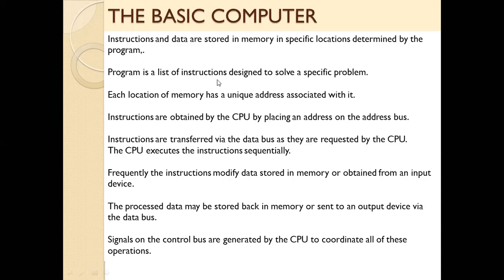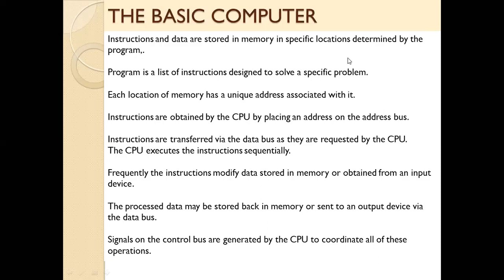Now you studied the role of the address bus, you studied the role of the data bus, but what is the role of the control bus? Actually, the central processing unit sends the control signals via the control bus that will coordinate with the different parts of the computer for making any operation.